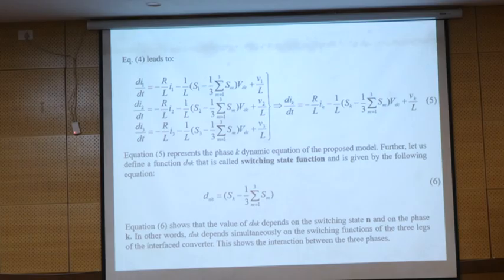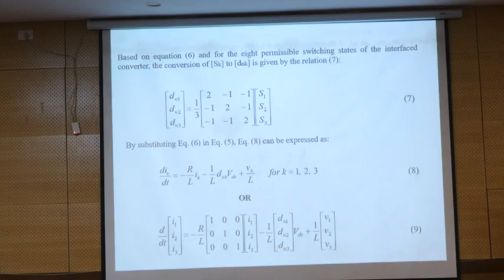If we provide between 1 to 3 for DN1, DN2, DN3, we have such a matrix which provides the different switching state function for each leg, and it shows that the operation of one phase is subjected to the operation of the other phases also.